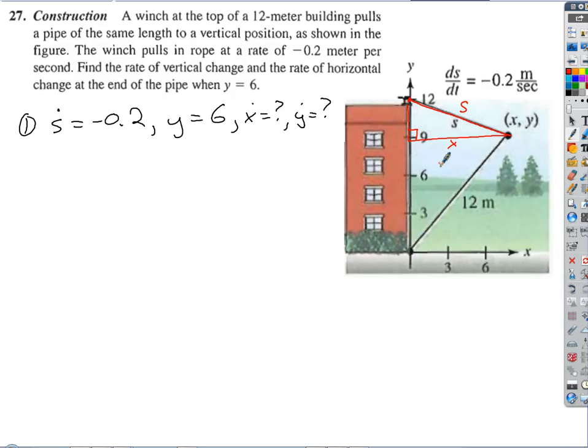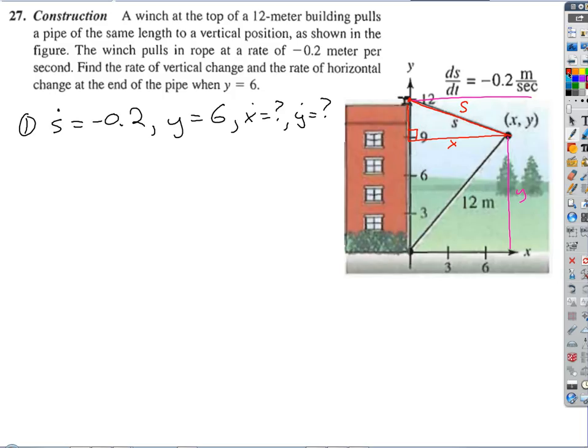Yeah, 12 minus Y, isn't it? That distance is 12, and that distance is Y. Let's write that down: that distance right there is Y, so it's just 12 minus Y. We see that?